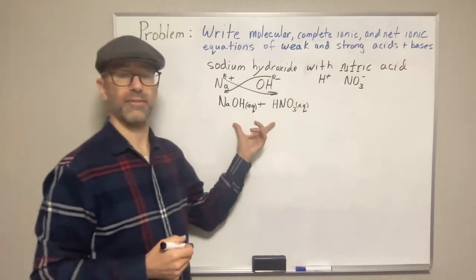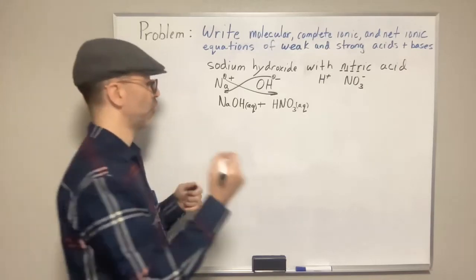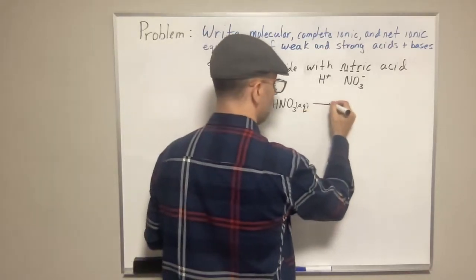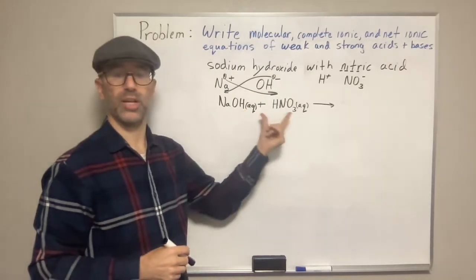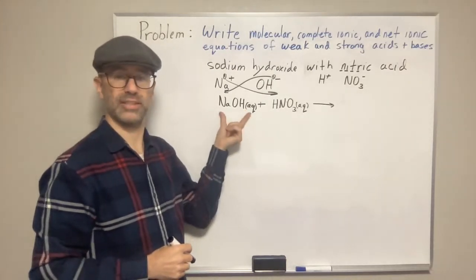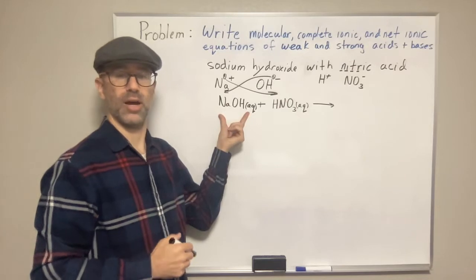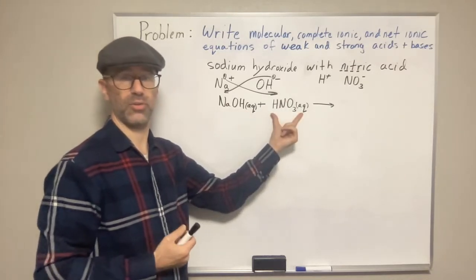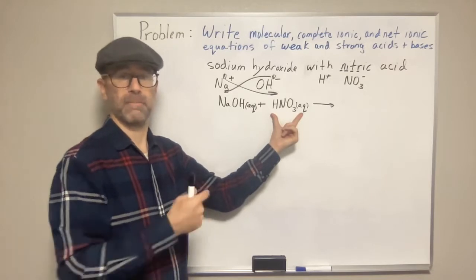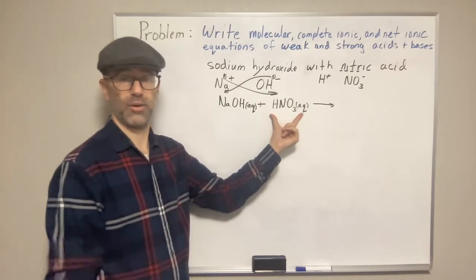And so now we need to find our products. So we're going to do that right now. The first thing you want to know is when you have an acid-base reaction, this is an ionic compound, but this is not an ionic compound. This is kind of a special category on its own.